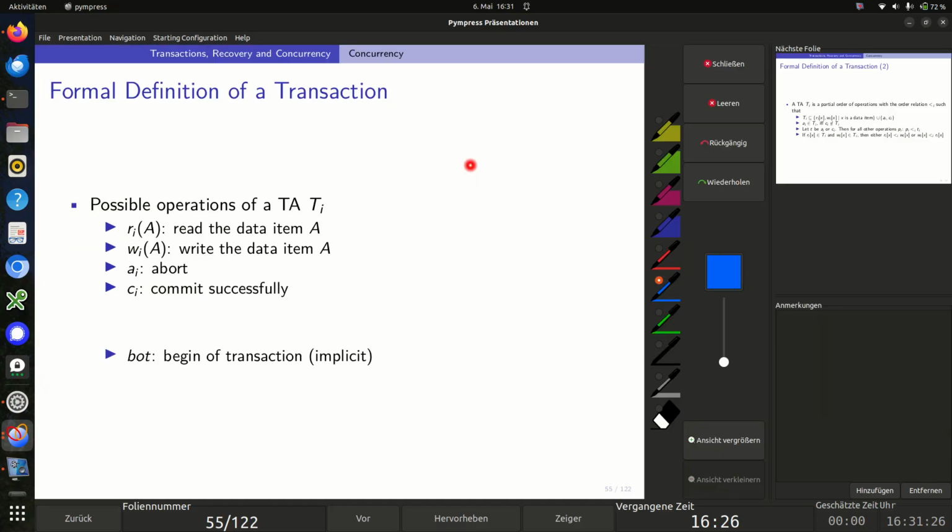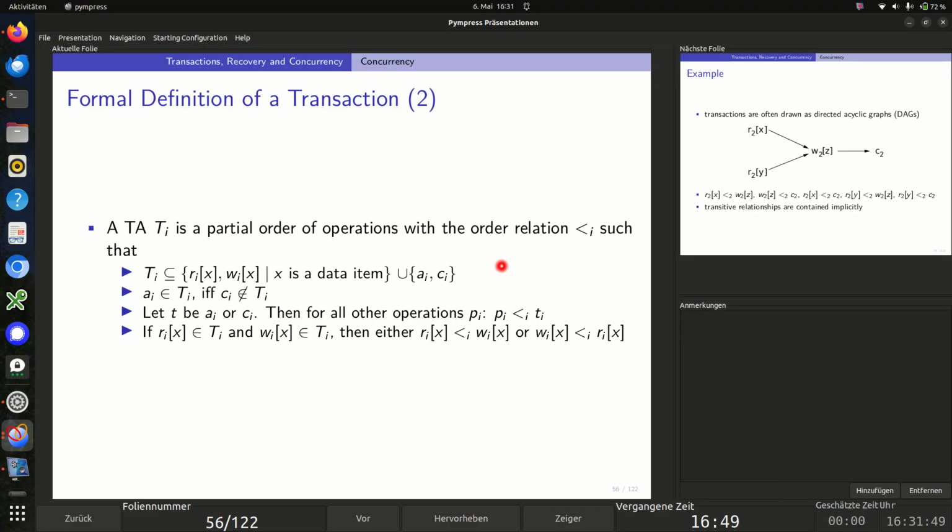Like you remember, first transaction 1 starts, and then it might read an item, it might write an item, and finally it might either commit or abort. That's called a transaction. Here it's formalized: a transaction contains multiple read or write operations, and finally we have one abort or commit.